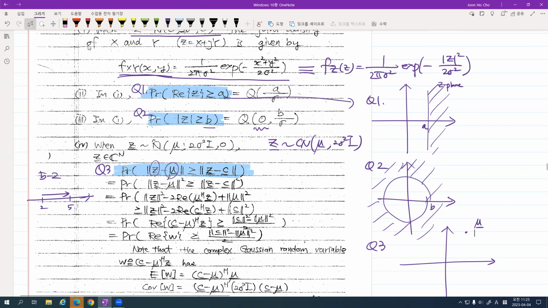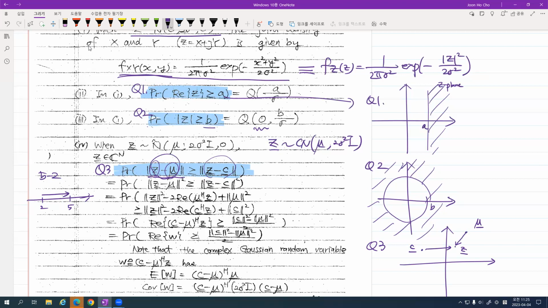Suppose this is complex, even though it should be n-dimensional. Let's say mu is here, and let's say c is here. This is the distance from mu to some z. So suppose this is some vector z, then this complex number means this vector, and this vector means this one.